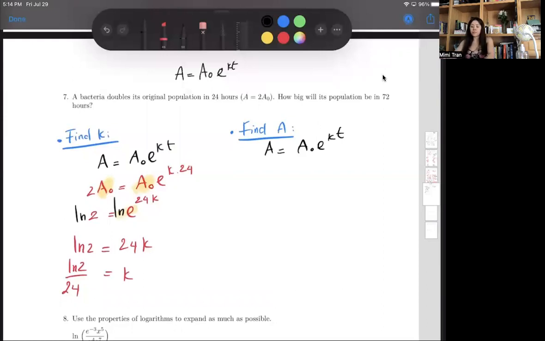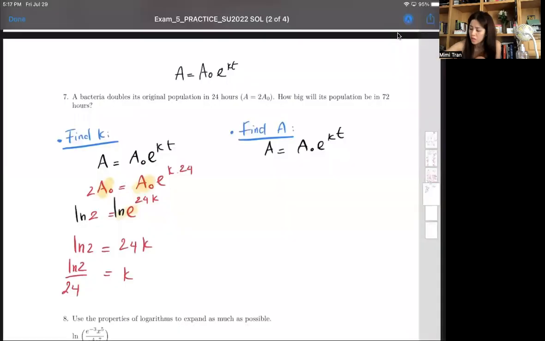Nothing wrong with this problem. They just don't give you the original population as a specific number, but that's okay. We're just going to treat the original population as A naught, right? So let's figure it out.